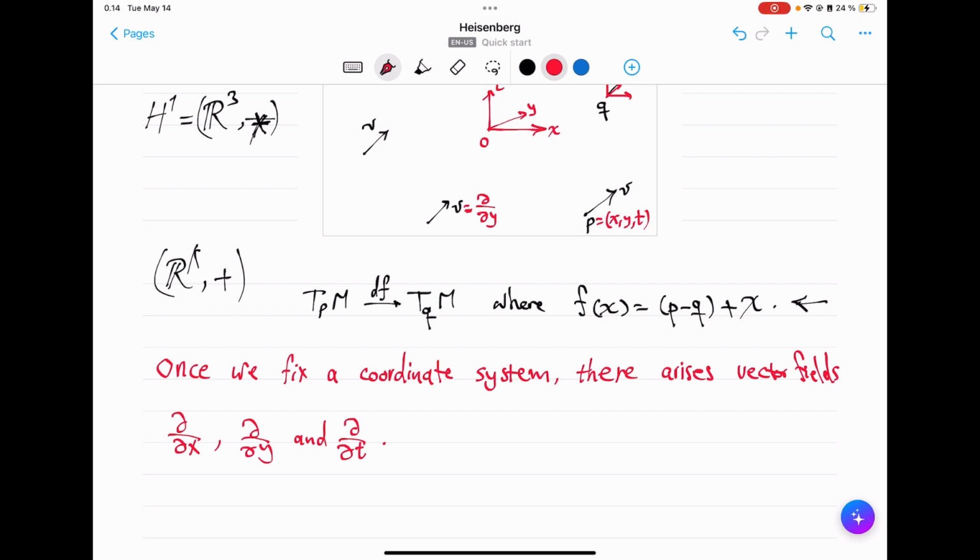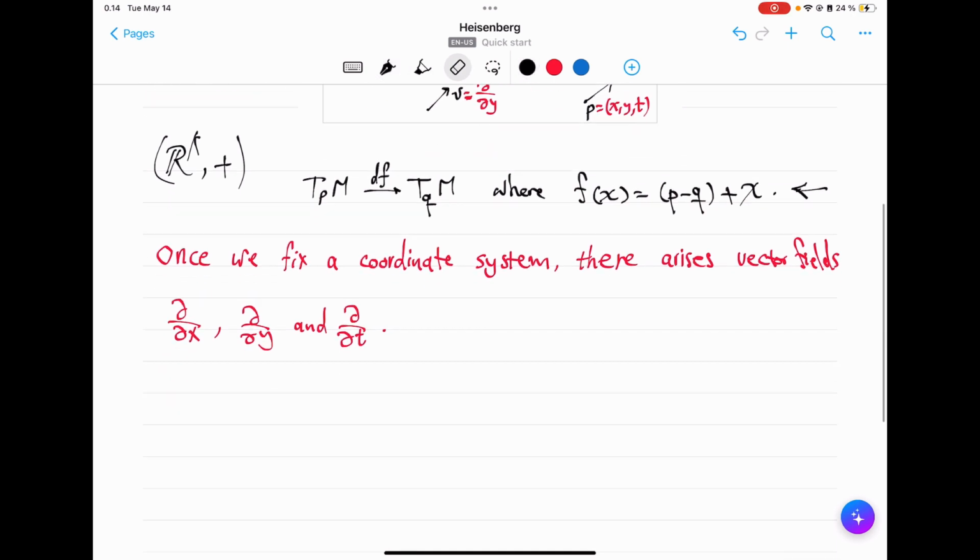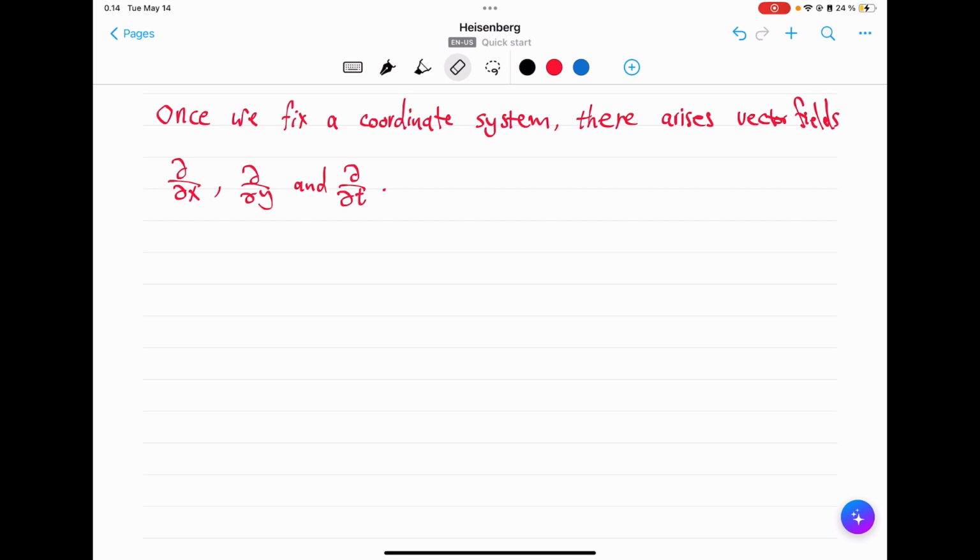This new group structure that we will see will dictate us to consider a different triple of vector fields. Those will be the natural vector fields from the viewpoint of that group multiplication. But we can still use this coordinate map, this coordinate chart on our manifold to describe them.